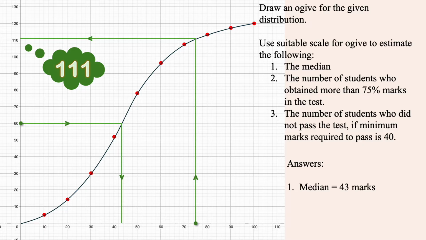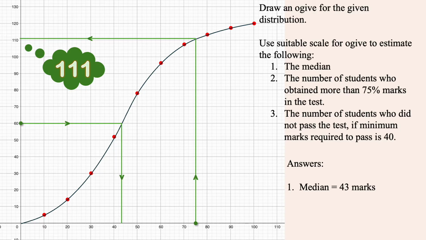Now this means that 111 students out of 120 have scored less than 75% marks. Since we have drawn less than type of ogive, whatever answer we get on y-axis represents less than type of answer.